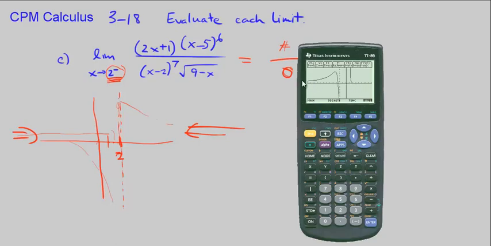So it's starting here at negative infinity, like as x goes up, it goes down, and then it goes something over here. It starts up here and it goes down. Well, where do we want to look again? We want to look where x is approaching 2 from the left.